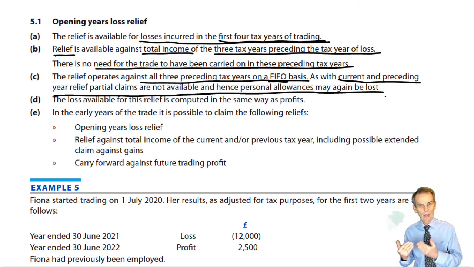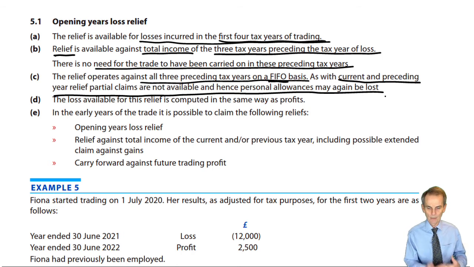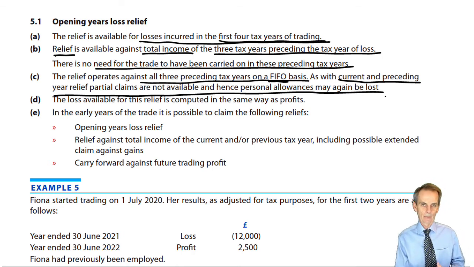If the loss is bigger than the total income from 3 tax years ago, then the amount of loss that remains will be carried forward to 2 years ago. You can't say, well, I think I'll stop there. I'll do it for the 3 years ago, but I won't bother anymore. Yeah, you will. You have to. The rules are, this is a FIFO order in which you use it. Go back 3 years against total income, still loss left over, that will go against the total income of 2 years ago.